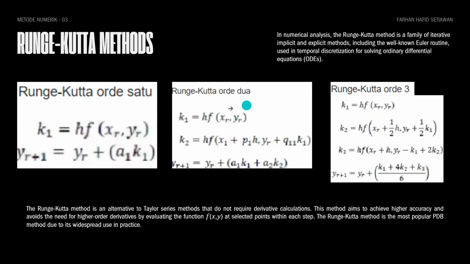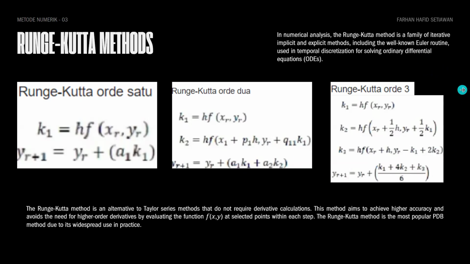For the second order, K1 equals h f(x_r, y_r), and K2 equals h f(x_r plus p1 h, y_r plus q11 K1). We obtain y_(r+1) equals y_r plus a1 K1 plus a2 K2. And the third order is an optimization from the second order, as you know.